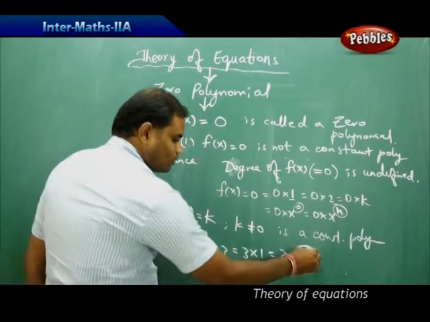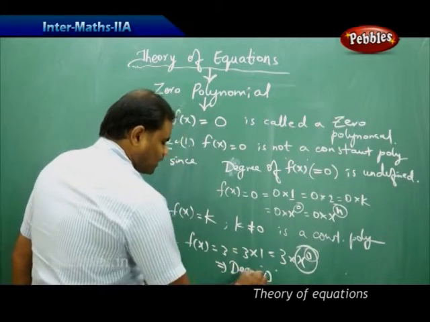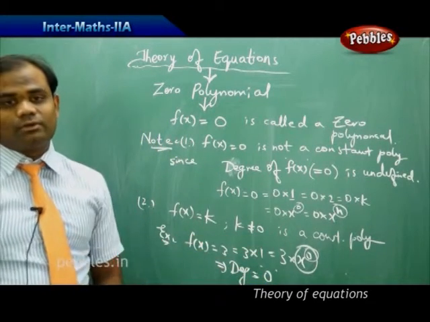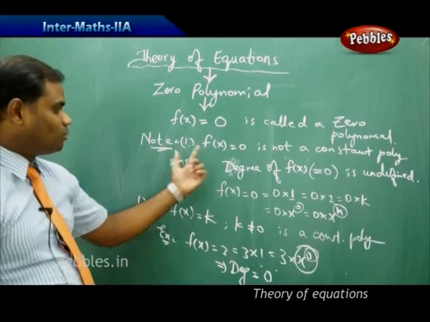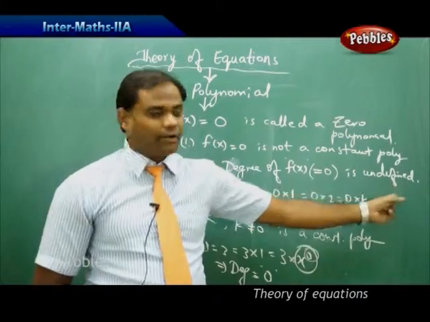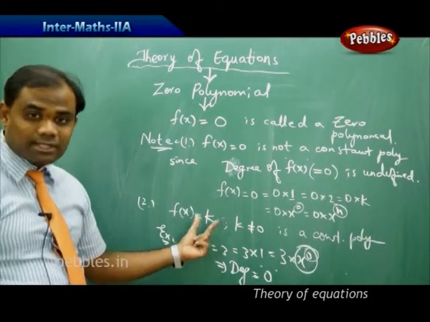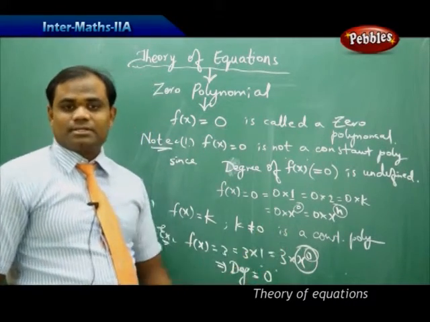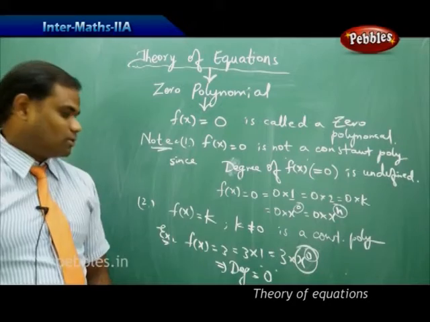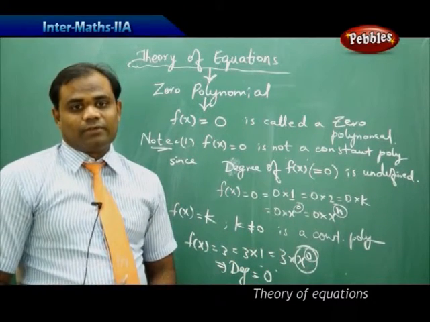Therefore, the degree of this term is 0. Therefore, I call this a constant polynomial. So the difference out here is for a 0 polynomial, the degree is undefined, and for a non-zero constant polynomial, the degree is 0, for which this is a constant polynomial because it can be written in a fixed factor, is how we differentiate.